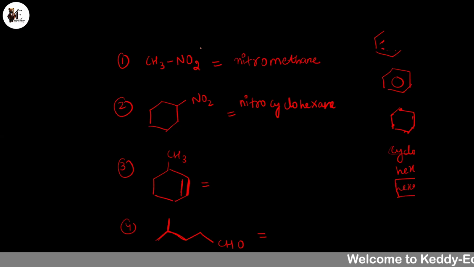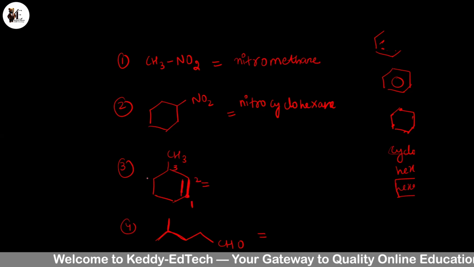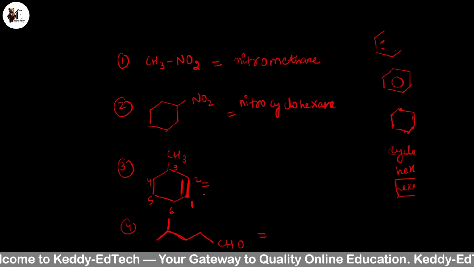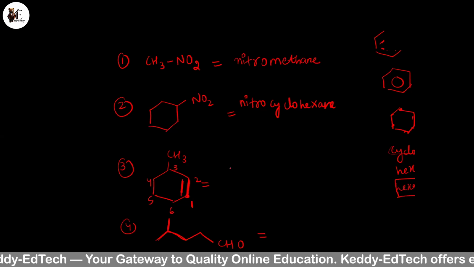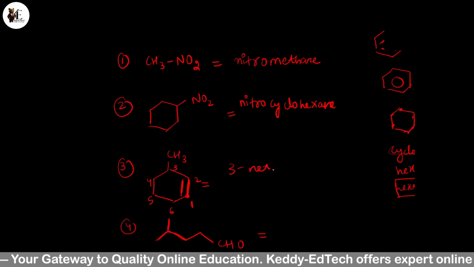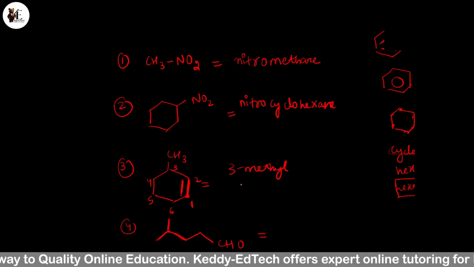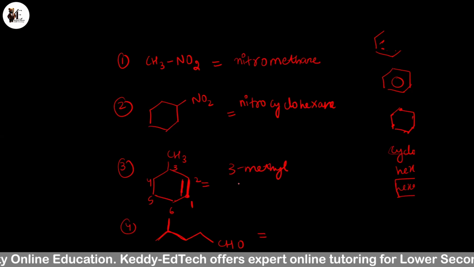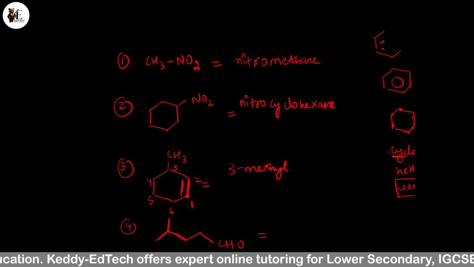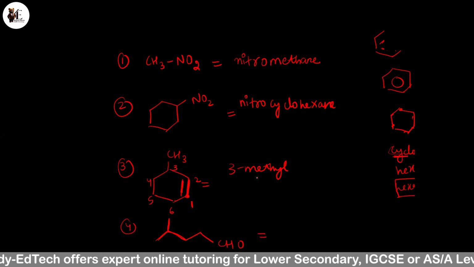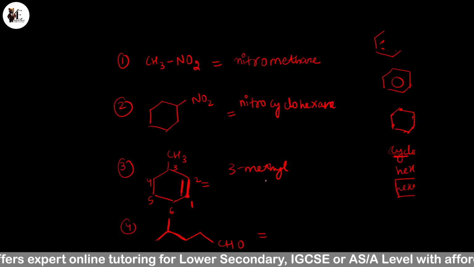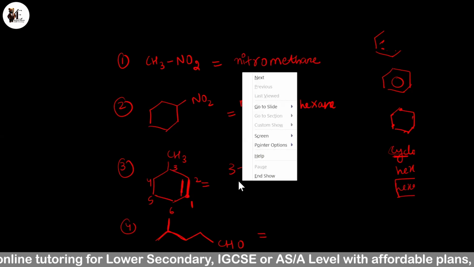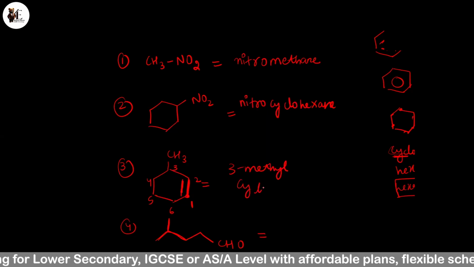And the counting will always start from this double bond. So the counting will be 1, 2, and 3, 4, 5, 6. So it would be now 3-methyl hexene. 3-methyl what? Hexene. And what about cyclohexene, right? Yeah. So it is 3-methyl cyclohexene.